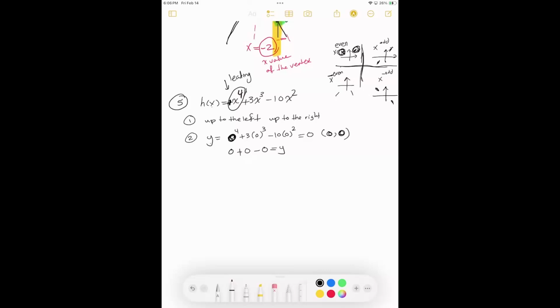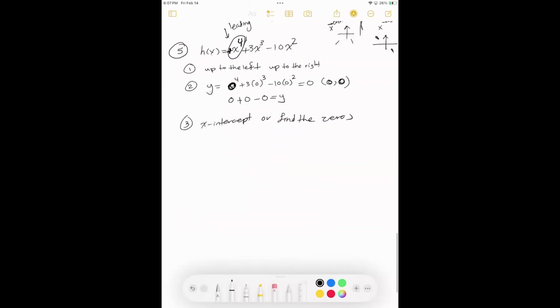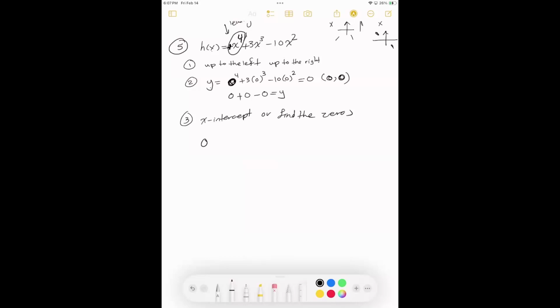Then it's going to ask you to find your x-intercepts, or sometimes they say find the zeros. So part 3, x-intercept, or it says find the zeros. So I'm going to take my function. X-intercept means change y to 0 or h of x to 0, and then solve the equation.